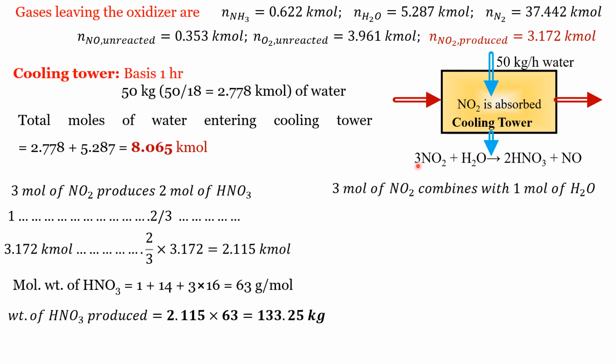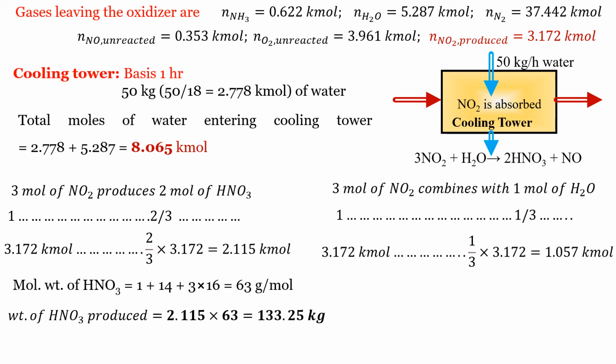Now we can find that 3 moles of NO2 combine with 1 mole of water. So 1 mole will combine with 1 by 3, and the available amount of NO2 is 3.172, so it will combine with 1.057 kilomole of water.